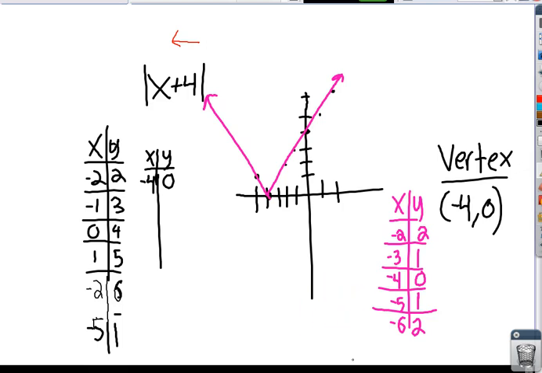I would have to pick other values to find out where this thing is going to eventually hit its vertex and turn around again. You see, this is more time consuming. So what you want to do is you want to go through and figure out what the function is doing based on transformations.